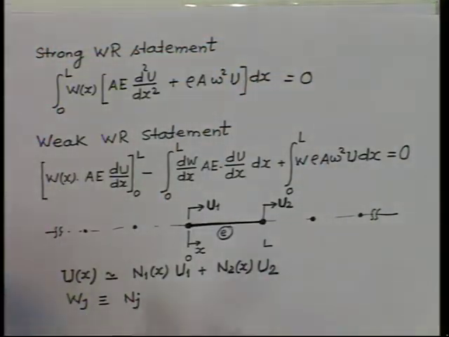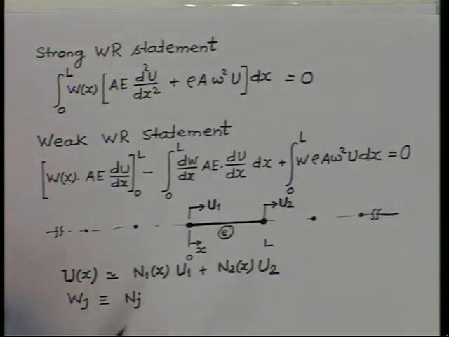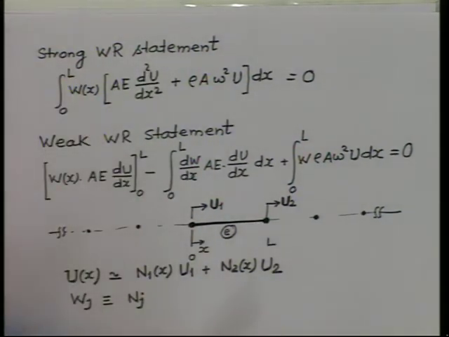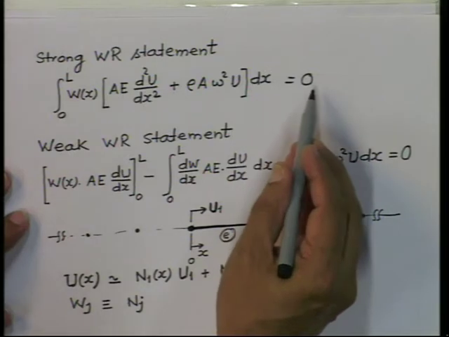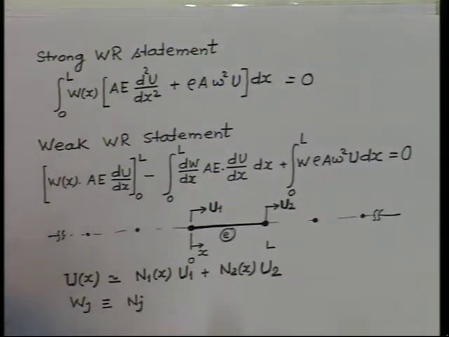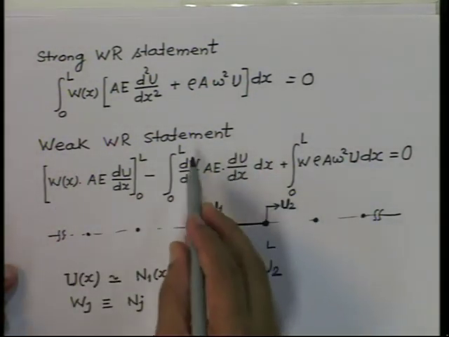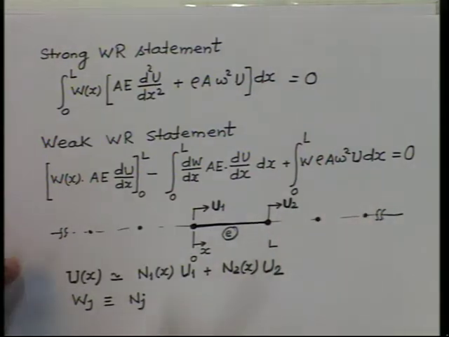Then if you write down the strong form of this, the strong form is just multiply this equation by a weight, integrate over the length L, the entire length first. This is okay? This is the strong form and the weak weighted residual statement will be something like this.